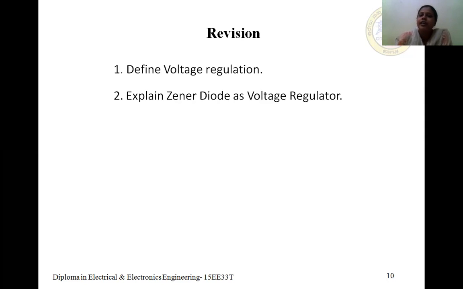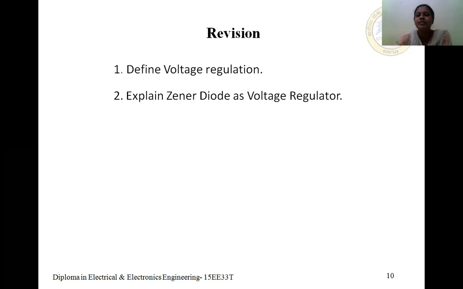Next question is: explain Zener diode as a voltage regulator. So for the Zener diode as a voltage regulator with a circuit diagram, we saw that there are four cases here. The first case is when the Vin increases, the second case is when the Vin decreases, when the Vin is constant, and when the load current is constant or increases.